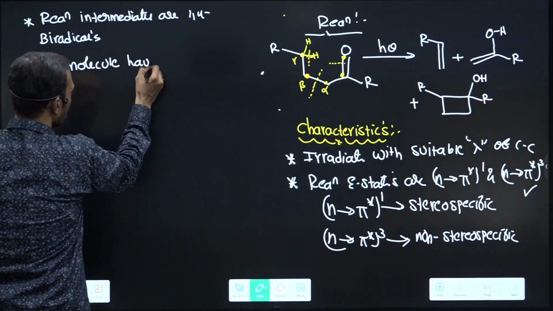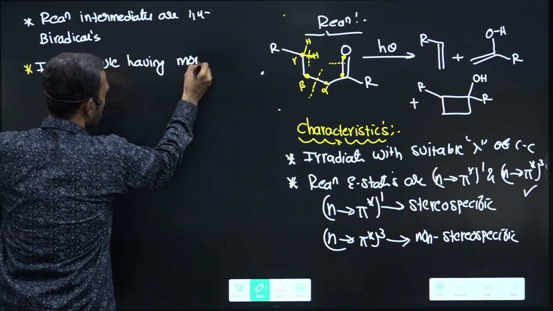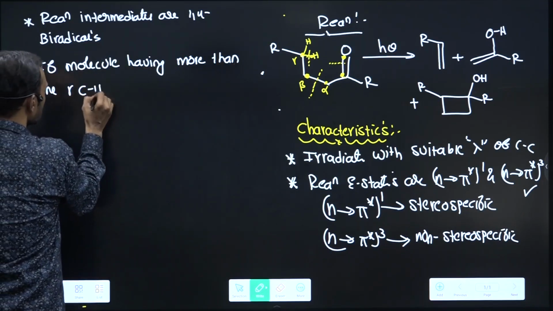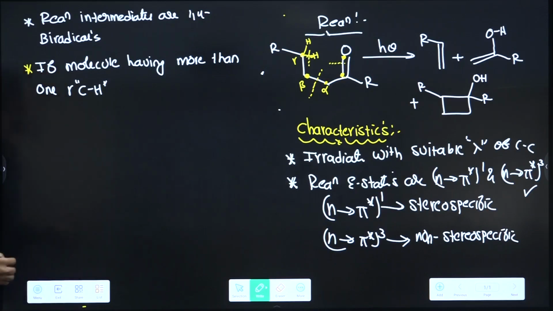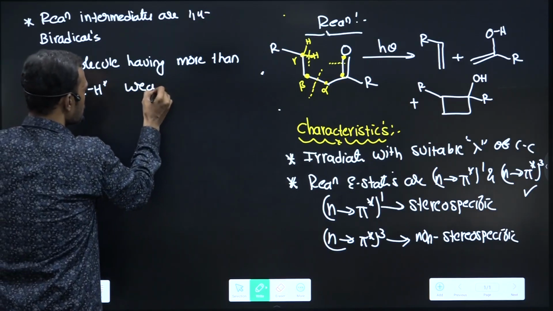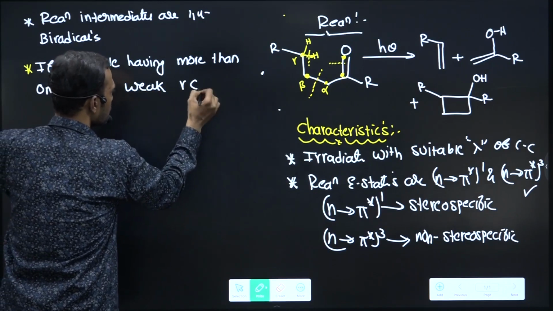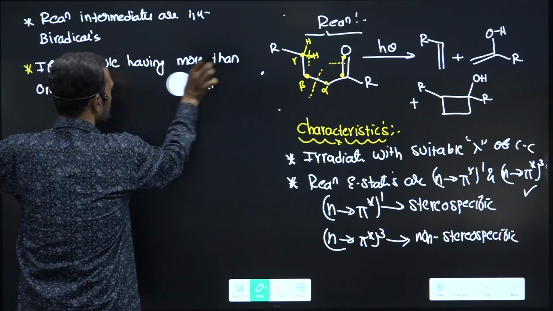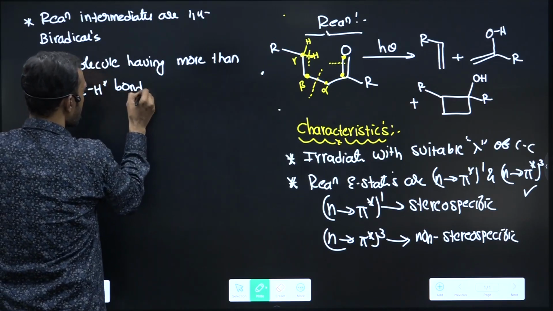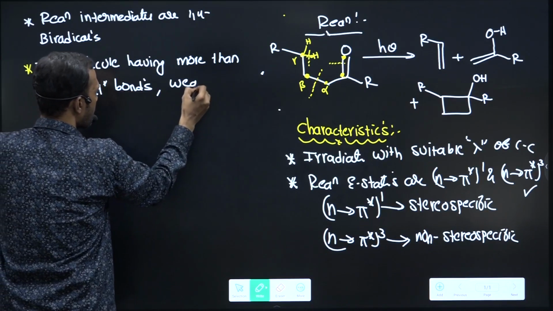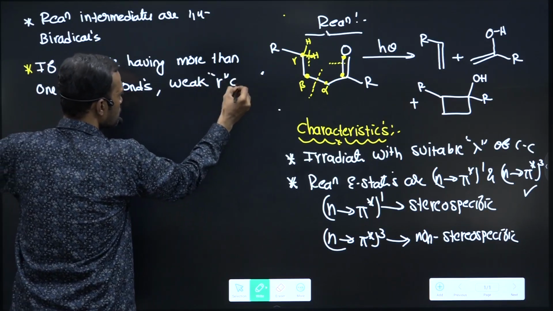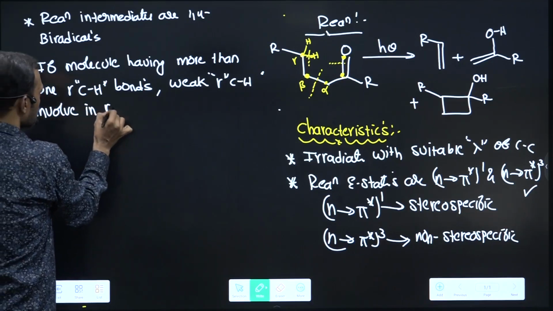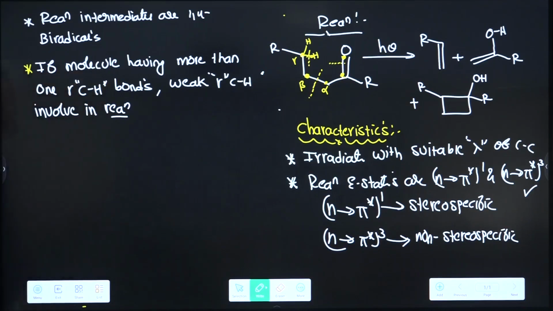If a molecule has more than one gamma CH, the weak gamma CH is involved in the reaction. So if more than one gamma CH is present, the weakest will be involved.